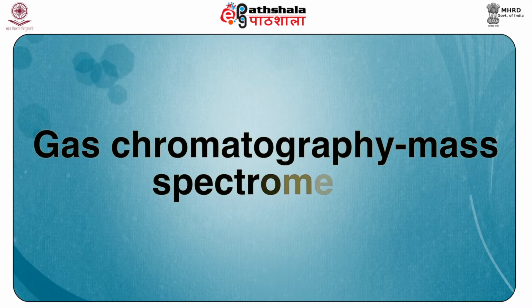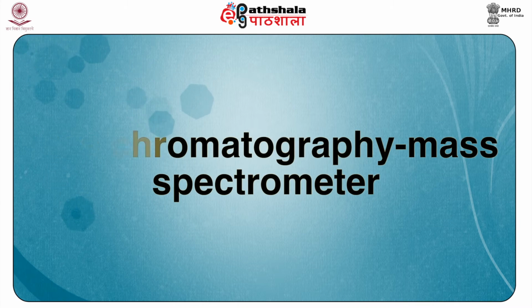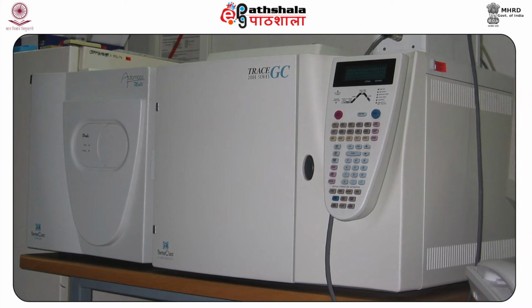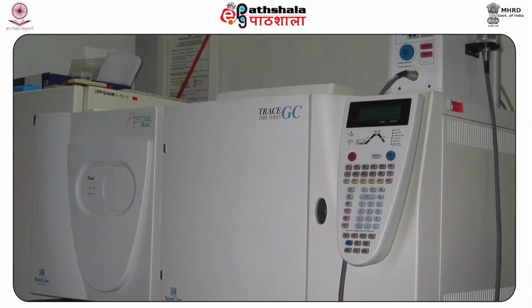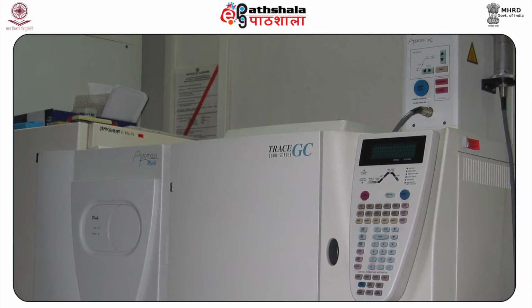Now let us discuss gas chromatography-mass spectrometer. Gas chromatography-mass spectrometry is a technique for the analysis and quantitation of organic, volatile and semi-volatile compounds. Gas chromatography is used to separate mixtures into separate components by a temperature controlled capillary column.